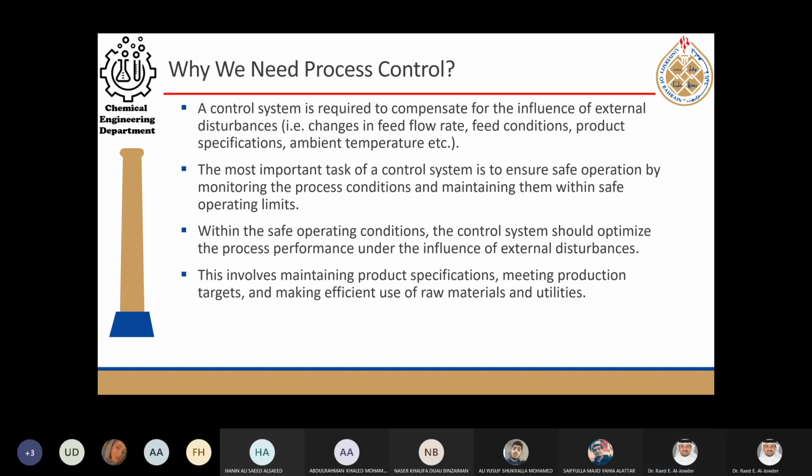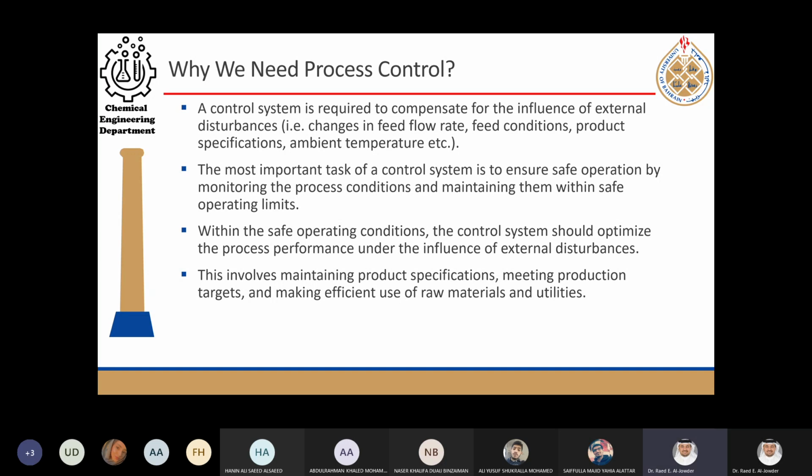Also, sometimes, even if you operate at safe conditions, your process is not optimized. For example, you are spending too much money in your resources and you want to reduce your consumption of resources, electricity, steam, chemicals. You want to reduce that.